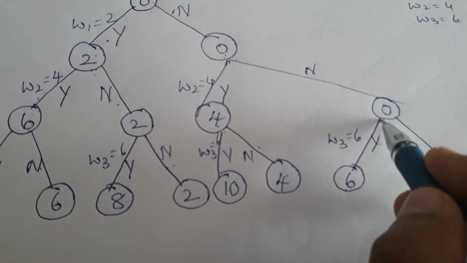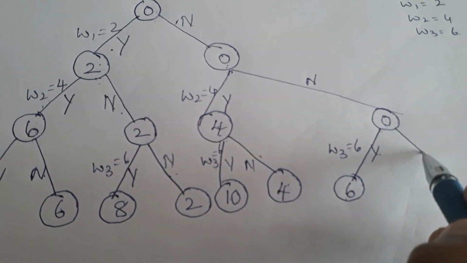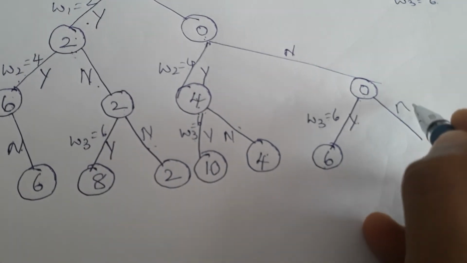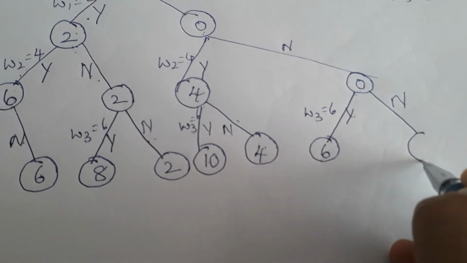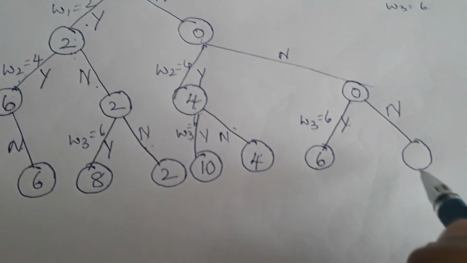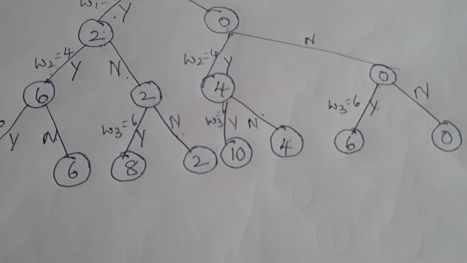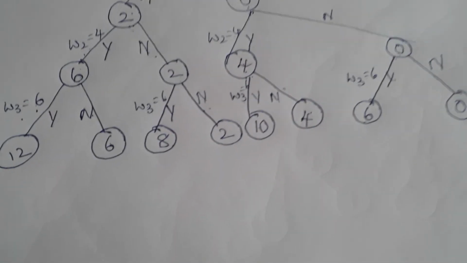So we will backtrack to the parent. Here we have the other option of not considering w3 is equal to 6 in the subset. So the sum remains 0. Now we have completed the state space tree.